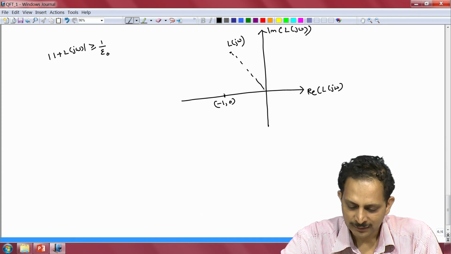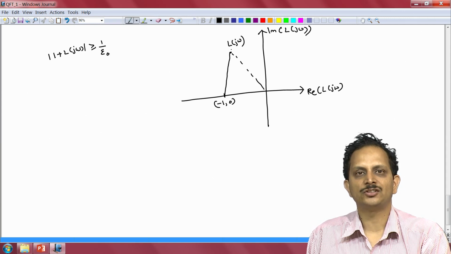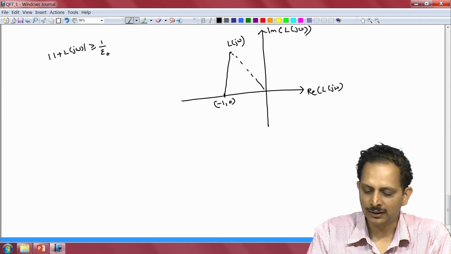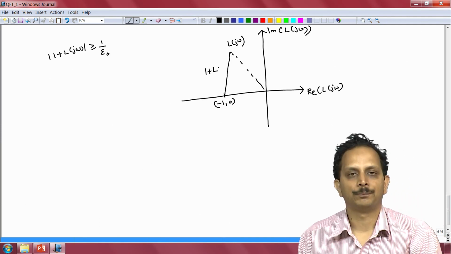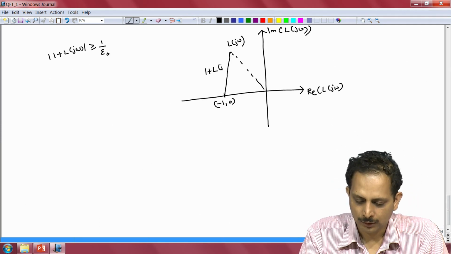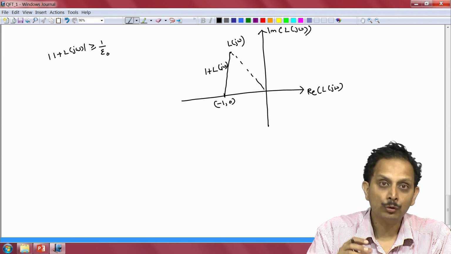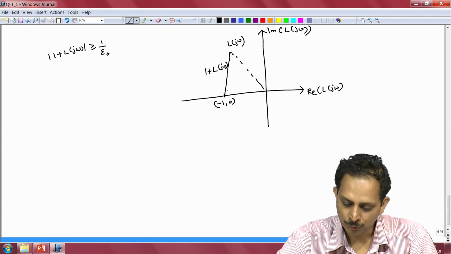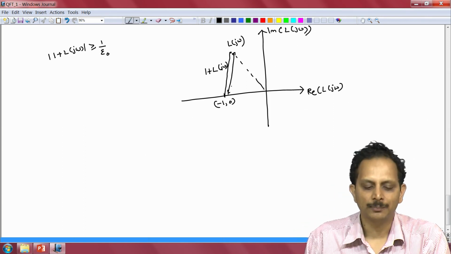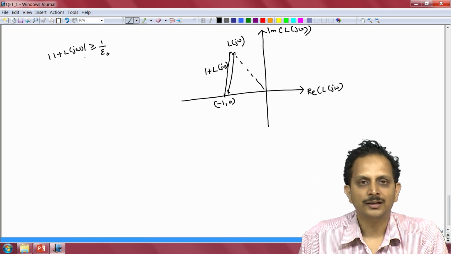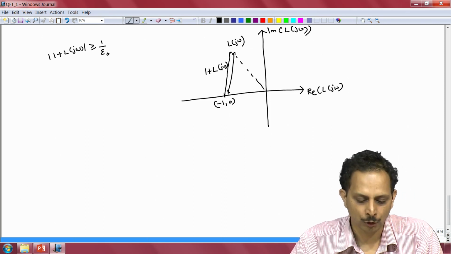We note that the complex number that starts from -1, 0 and ends at the point L of j omega essentially represents the complex number 1 plus L, or in other words 1 plus L of j omega. Now, the magnitude of 1 plus L refers to the length of this line segment. The length of this line segment is given by the magnitude of the complex number 1 plus L of j omega.